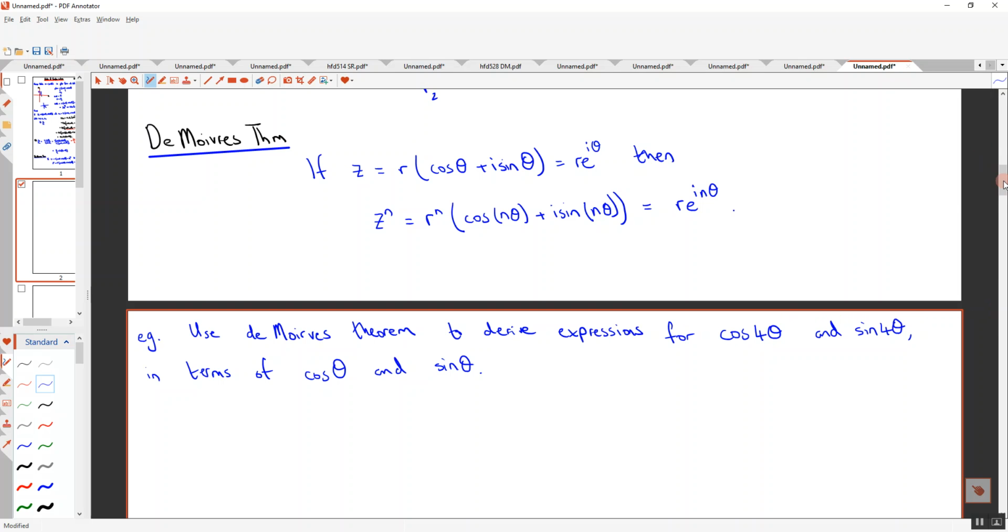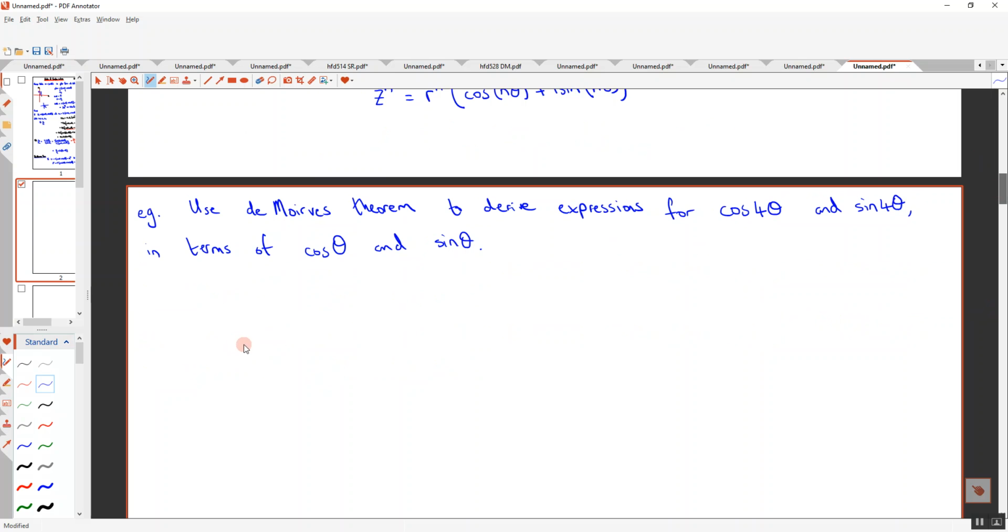So we're going to start off with, just thinking about if I've got cos theta plus i sine theta, and if I raise all of this to the power of 4, what's that going to give me? Using de Moivre's theorem, it's to the power of 4, what can you do?